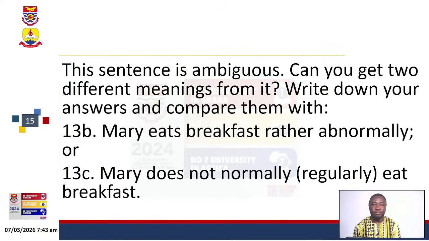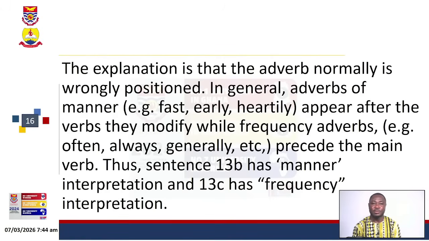Okay, good. The explanation is that the adverb normally is wrongly positioned. In general, adverbs of manner, like normally, as we saw, fast, early, heartily, appear after the verbs that they modify, while frequency adverbs, for instance, often, always, generally precede the main verb.